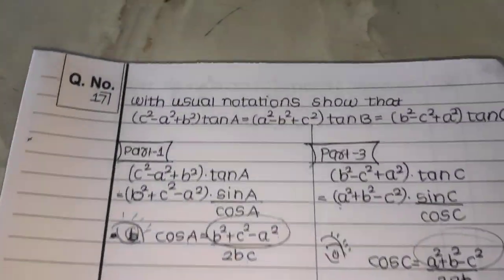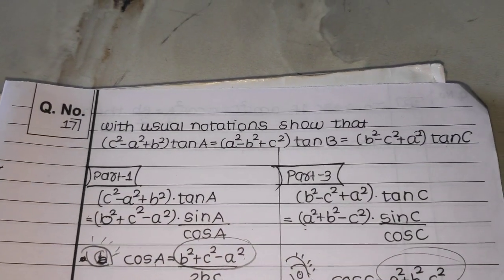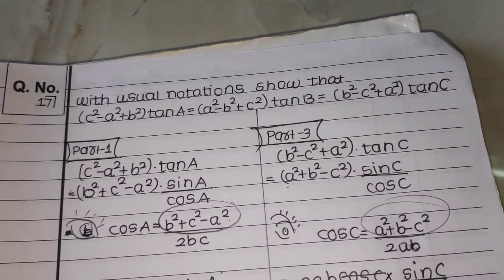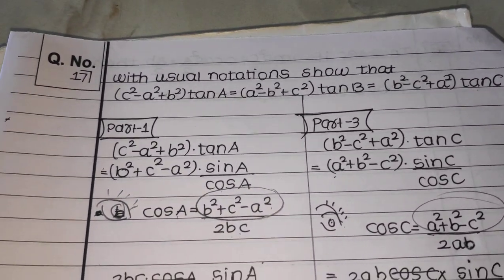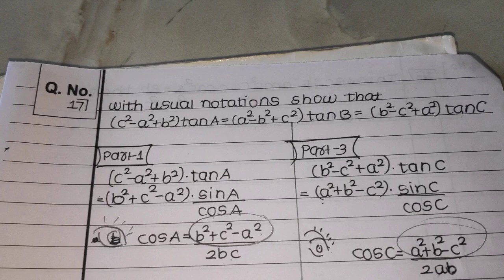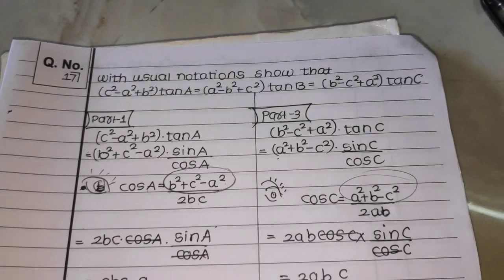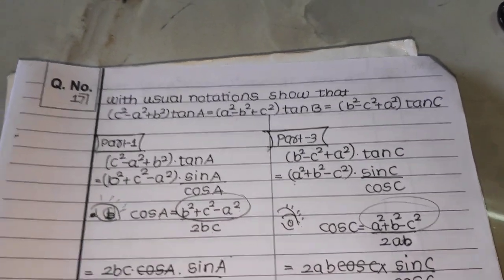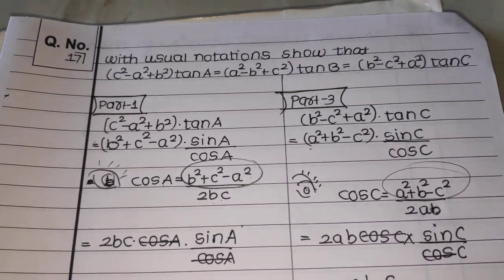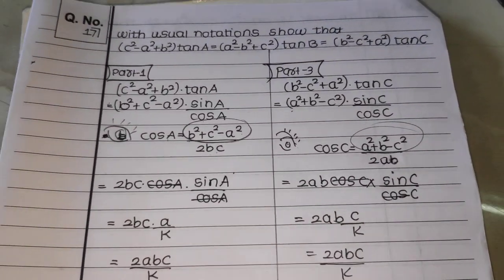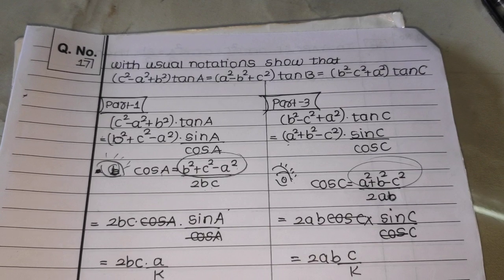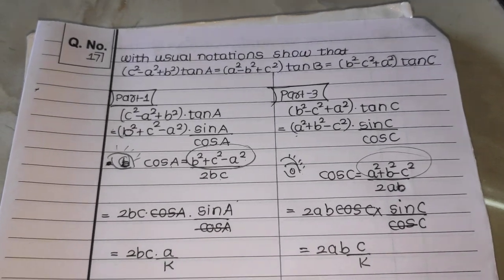So we'll have a quick recap of the question. With the usual notation, show that c square minus a square plus b square tan a equal to a square minus b square plus c square tan b equal to b square minus c square plus a square tan c. So part 1 starts in this form. Tan a is sin a upon cos a.